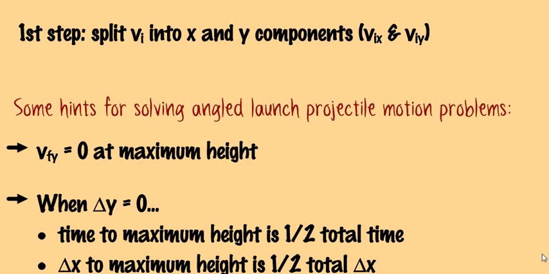This should make sense if you think about the path of our projectile. We talked about the path being a parabola. So it would take half of the time to get up there and half of the time to get back down, in the same way that it would take half of the x distance to get to that maximum point. We'll use these facts, as well as things we already know about projectile motion, to analyze our first example problem.